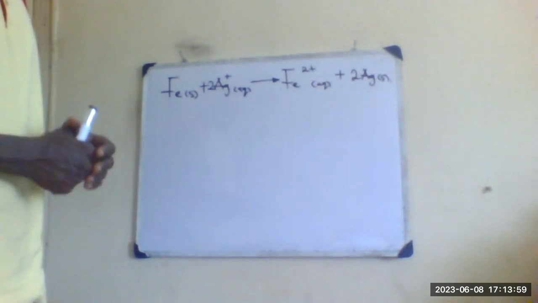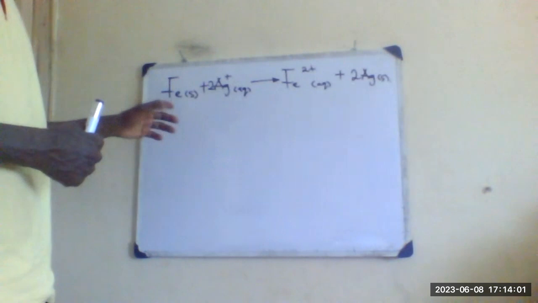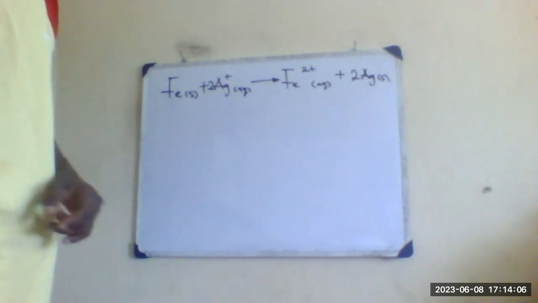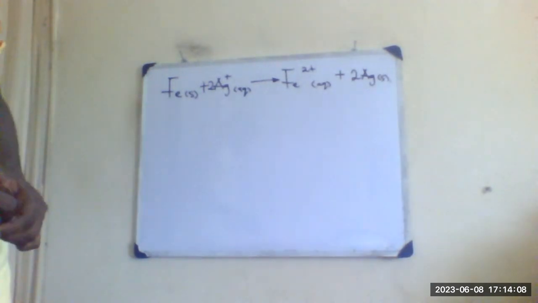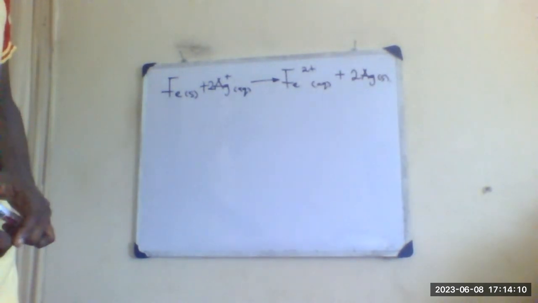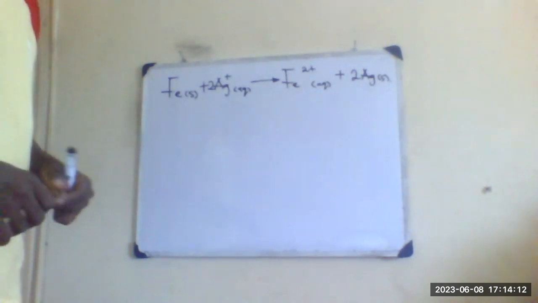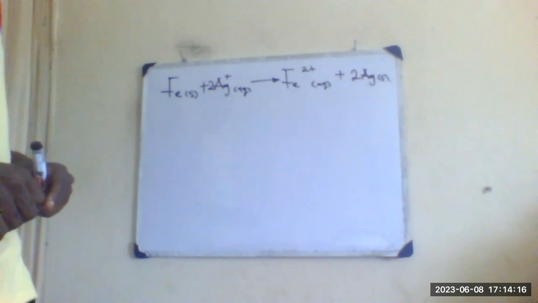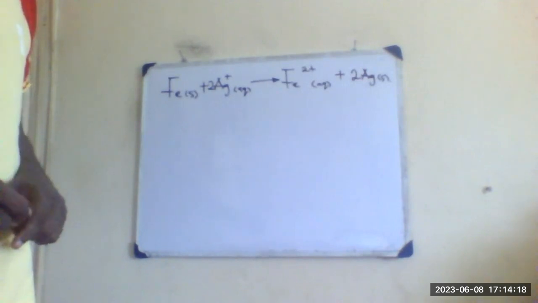And third, state the change in the oxidation number of silver during the reaction.